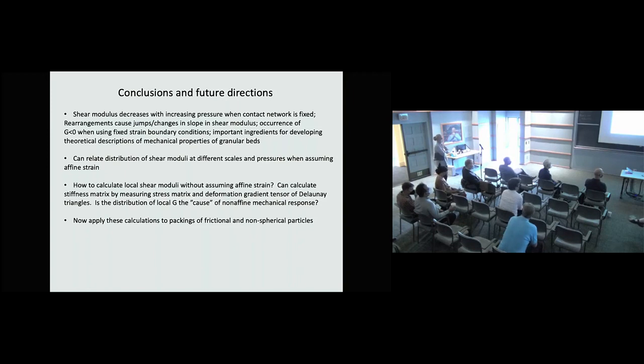So we're interested in this transition from being non-rigid to rigid. The important question is, how many numbers do I need to specify in order to characterize the macroscopic properties of the system? And that's an important question that no one knows. There are some thoughts that it is one number right at jamming onset, but the real question is, at finite pressure, how many elastic constants do I need to specify the system?